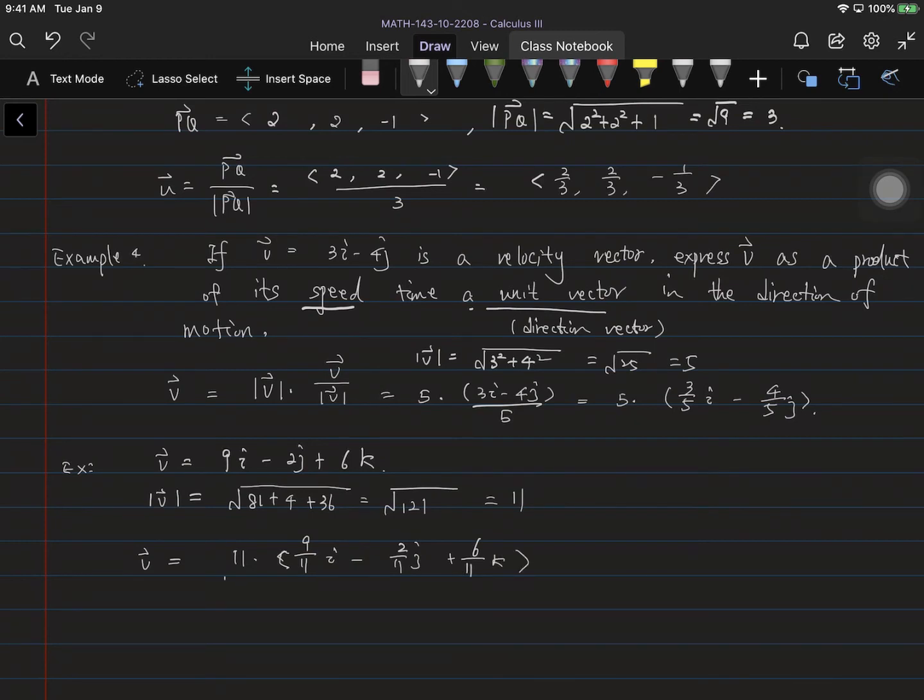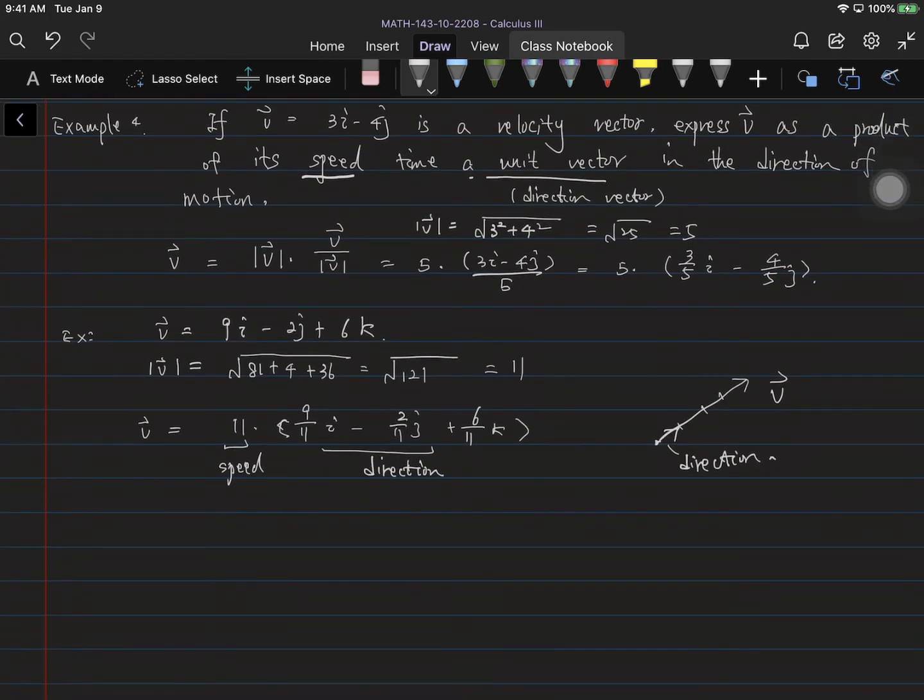So this one is the speed, this is the direction. Any velocity has a speed, which is a magnitude, times the direction, right? That's the meaning of this.